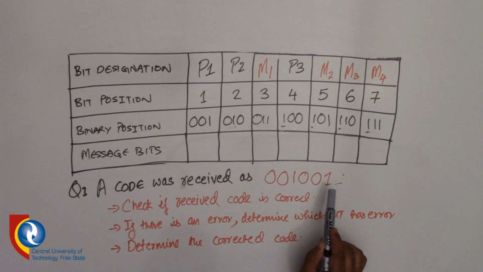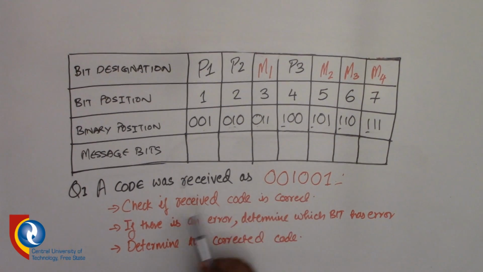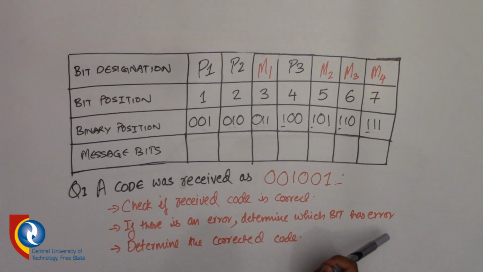Now we need to do three things with this question. Firstly, check if the received code is correct. Secondly, if there is an error in the code, determine which bit has the error. And finally, determine the corrected code.